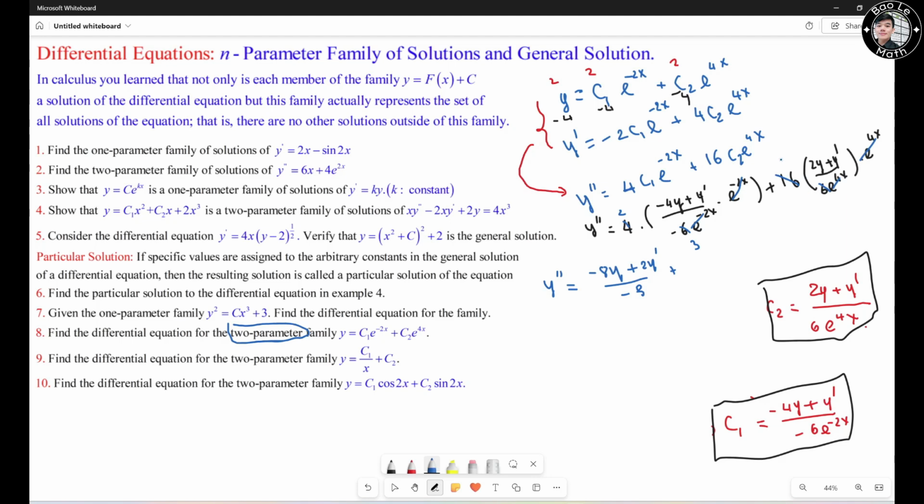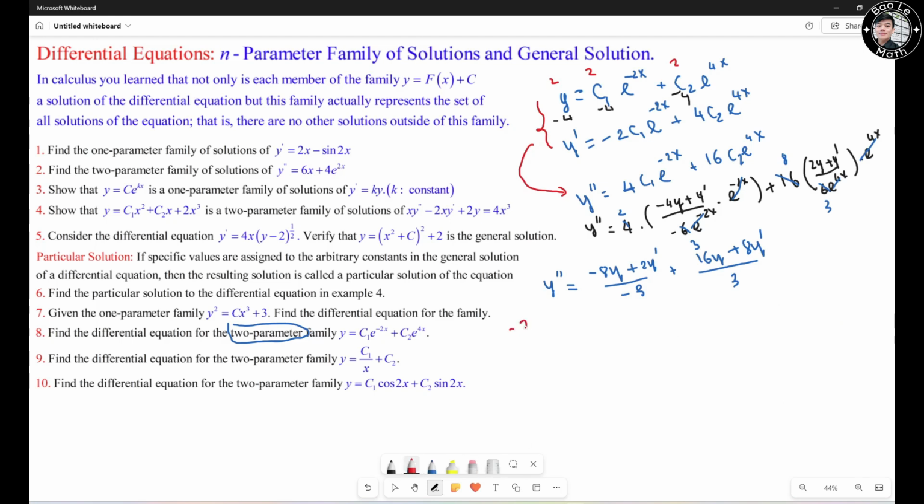Dividing the top and bottom by 2, it could be 8 over 3, so I have 8 times 2, which is 16y plus 8y prime, divided by 3. Now I need to multiply both sides by negative 3.